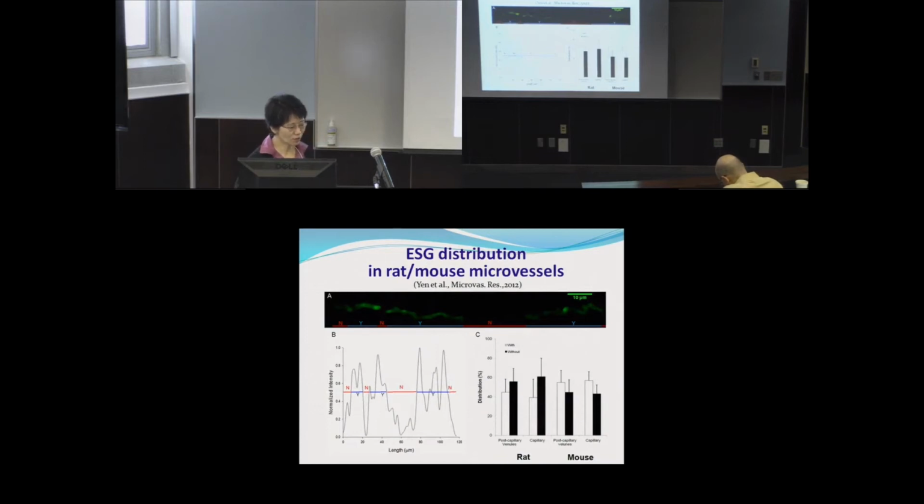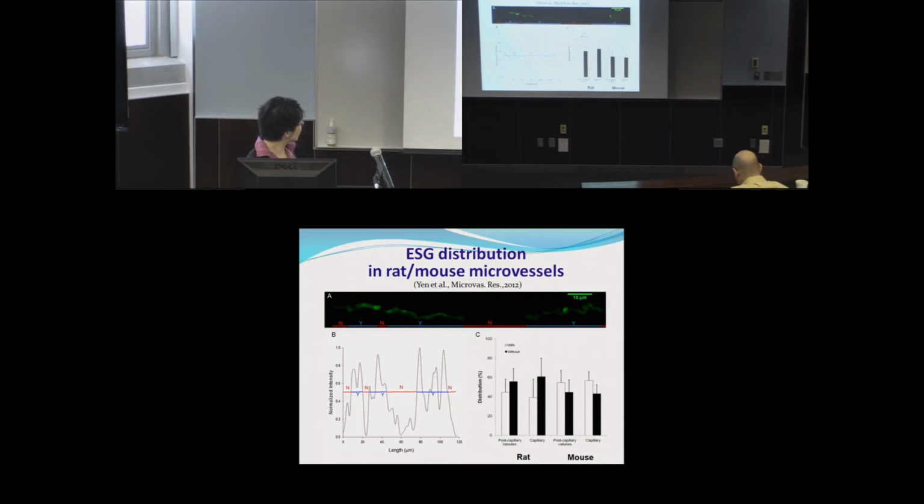And we also wanted to know, on the length scale of like 100 micron, if the glycocalyx distribution is uniform or not. So we take one segment of 120 micron, and then we do an integration to find the intensity. You see the green one in the dark region. So we have a normalized intensity.